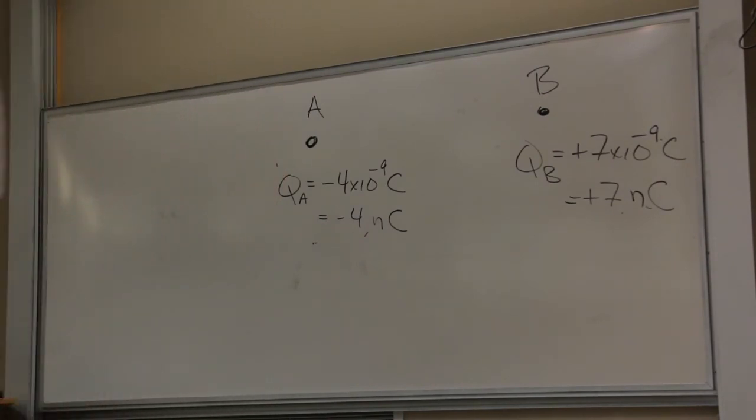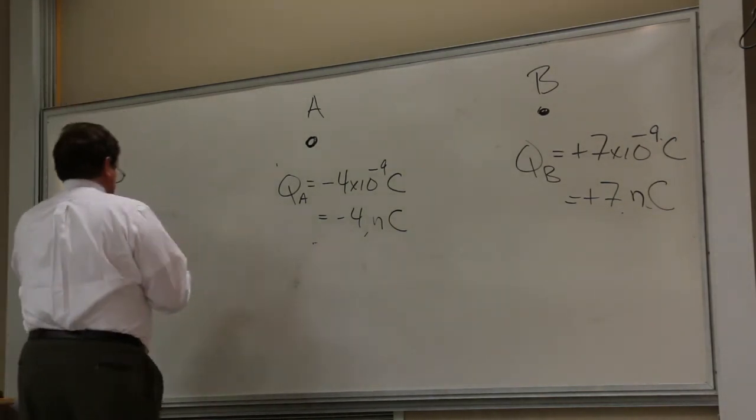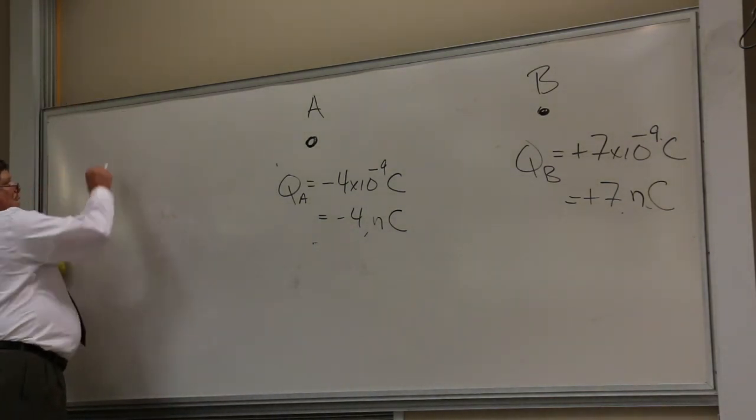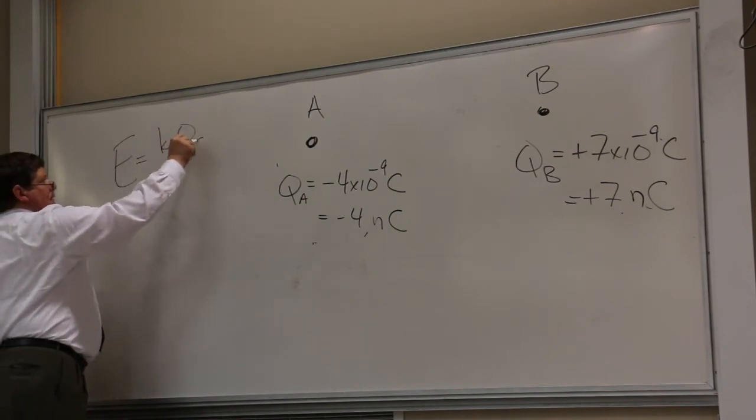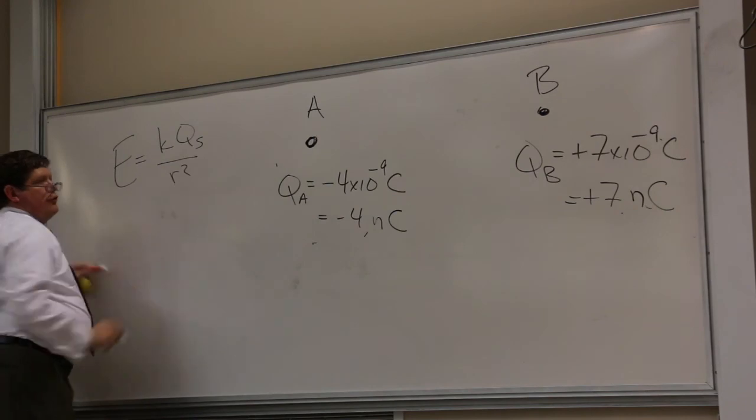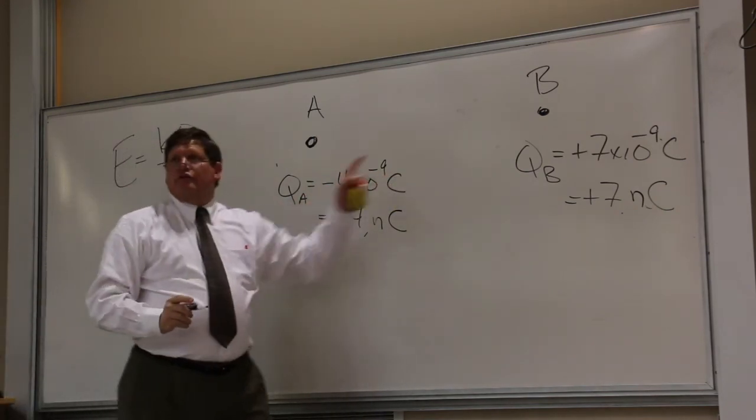So, which one is creating the field and which one is experiencing the field? When I set up the electric field equation, which of these 2 charges do I put in there?